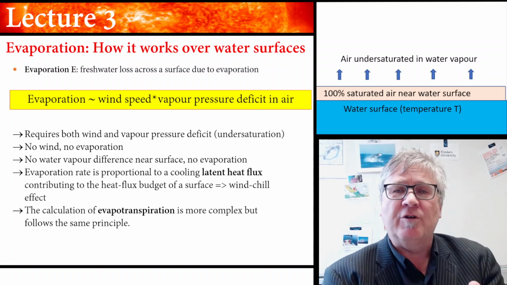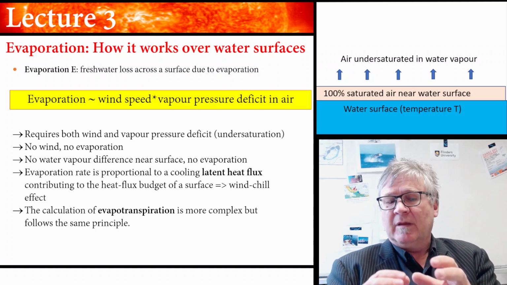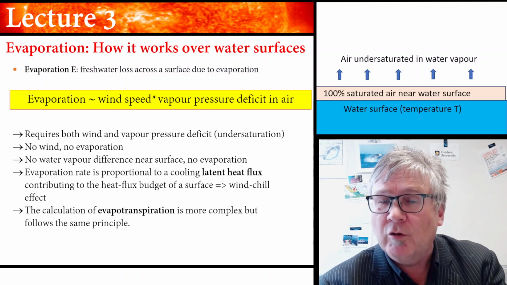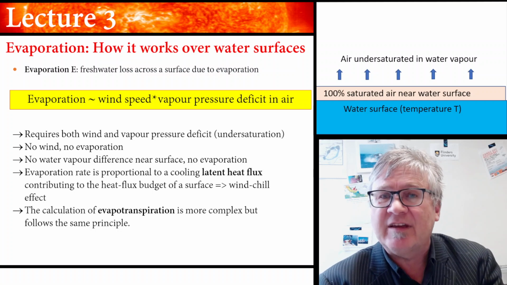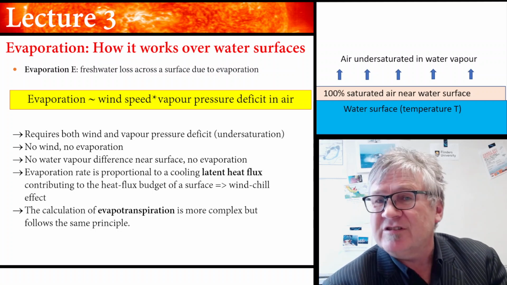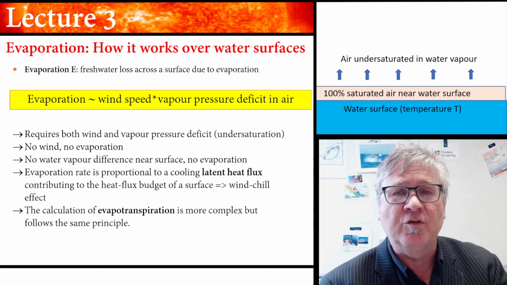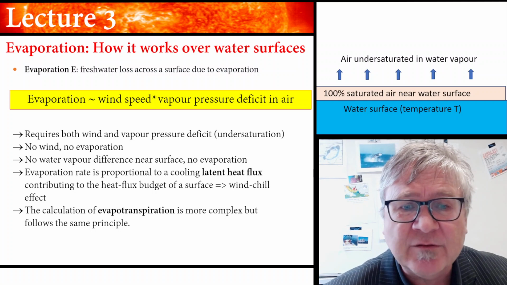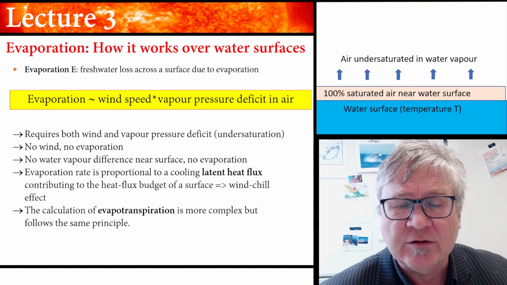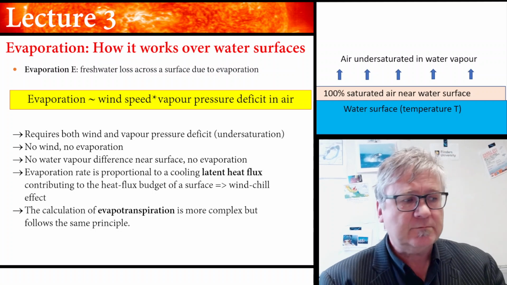So you have a total pressure, and that total pressure is the sum of all the partial pressures of each gas. The partial pressure is a measure of the concentration of that gas within the air. So don't get confused by my use of the word pressure. You can substitute this with concentration if you like.